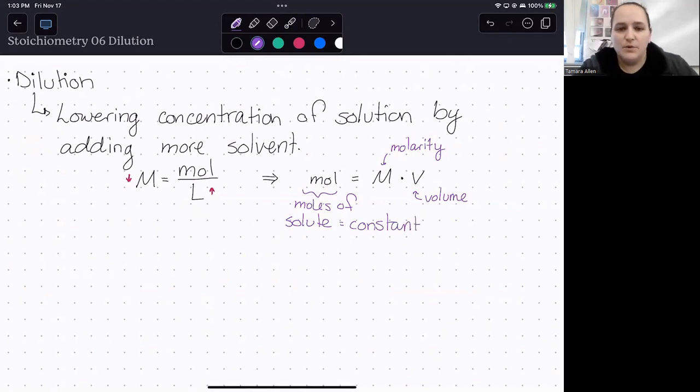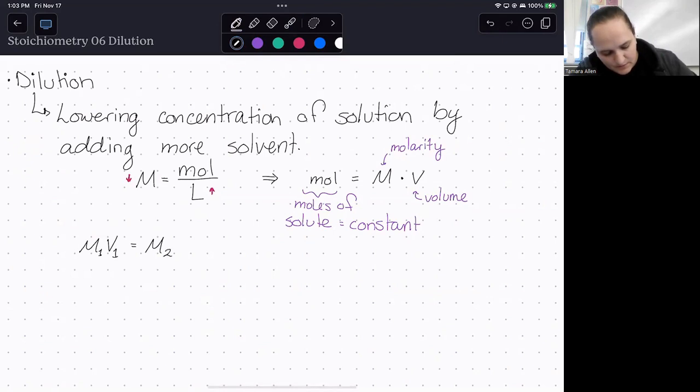So if that number of moles is constant, what that means is that the molarity times the volume at some point in time is going to be equal to the molarity times the volume at any other point in time, if all we have changed is the amount of water in the system. So generally, this is considered to be before dilution.